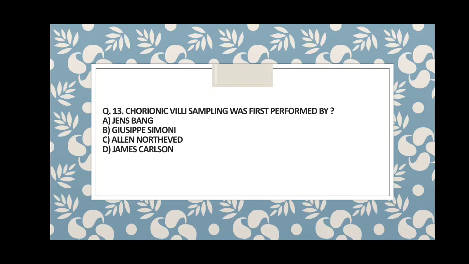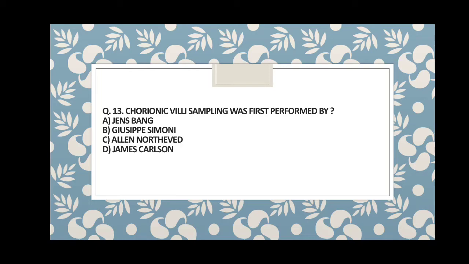So guys, question number 13 deals with chorionic villi sampling was first performed by. Very important question. If you are going to study clinical embryology and developmental biology, you should know about the scientists involved in different techniques like amniocentesis and other sampling procedures.